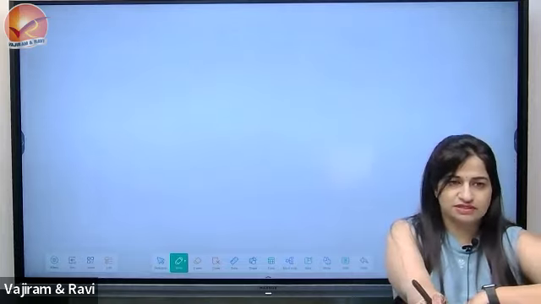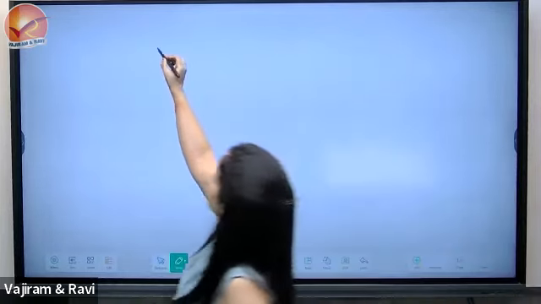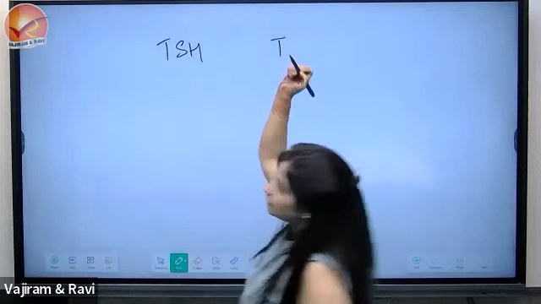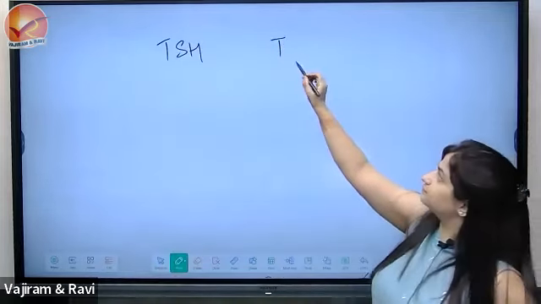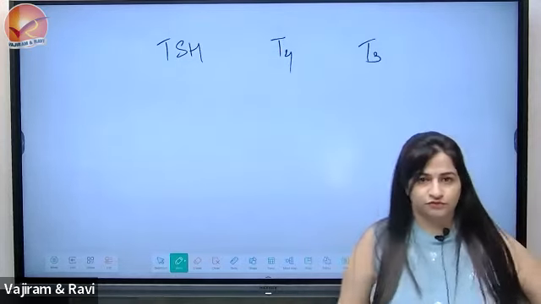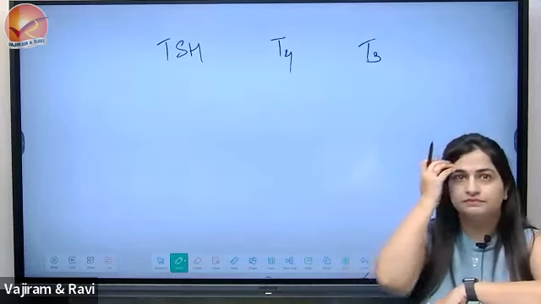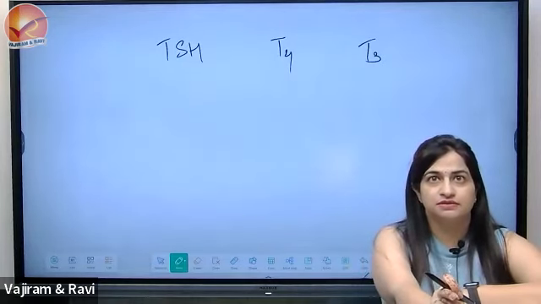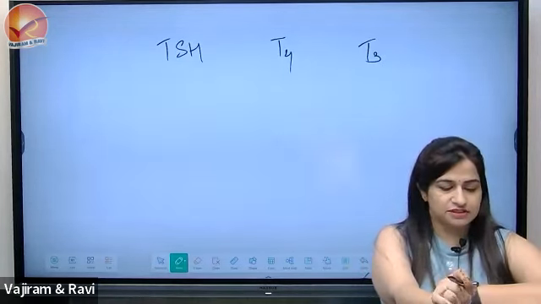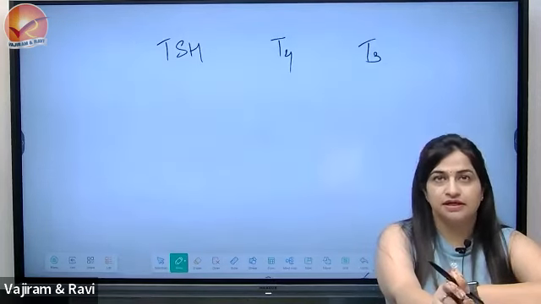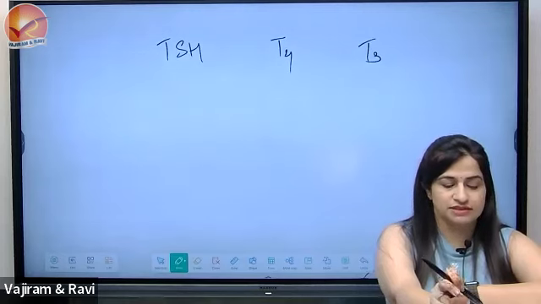What was the first interpretation? TSH. What was the first one? Okay, I'll start with the online students. Ankit Bajaj. Ankit, the first interpretation was that TSH is undetectable and T4 is raised and T3 is raised.